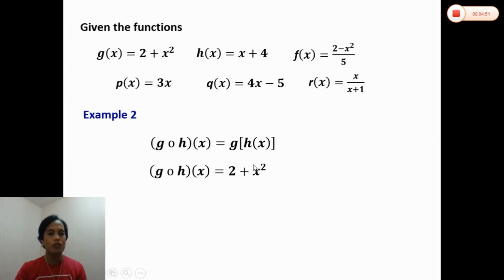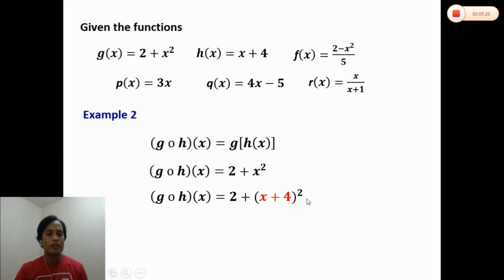And from this function, we need to substitute the x with the function h, which is x plus 4. So the resulting function would be 2 plus, instead of writing x, we change that with the function h, which is x plus 4, and the exponent 2.